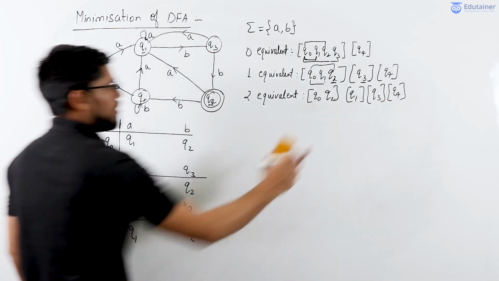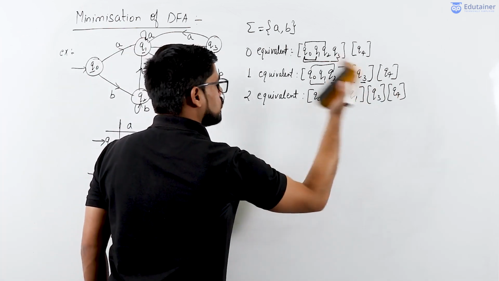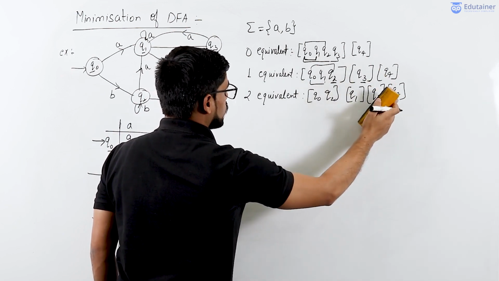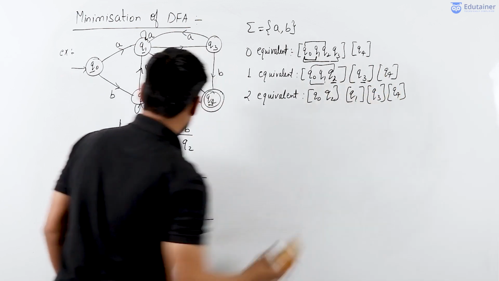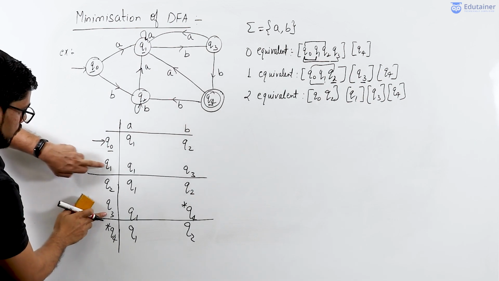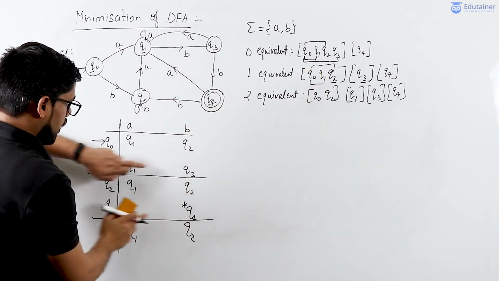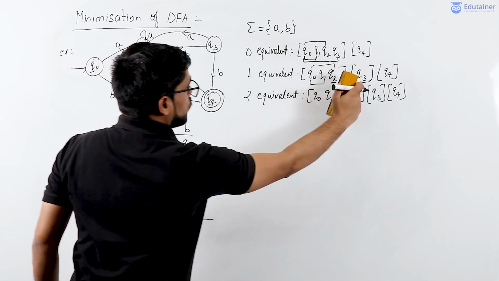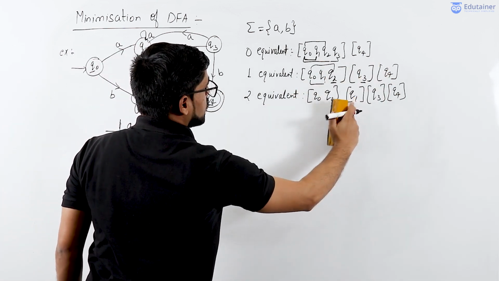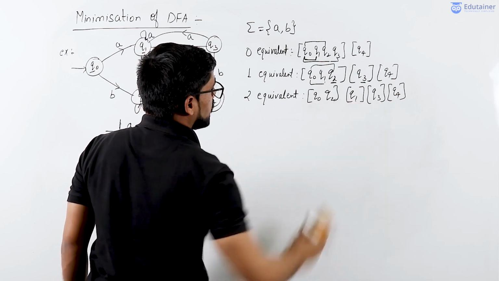You can also compare Q1 and Q3. Q4 is always in a different box because it is a final state. Q1 and Q3: on a they go to the same state, Q1, same box, and then on b Q3 and Q4 are different. That means they are also separated from each other.